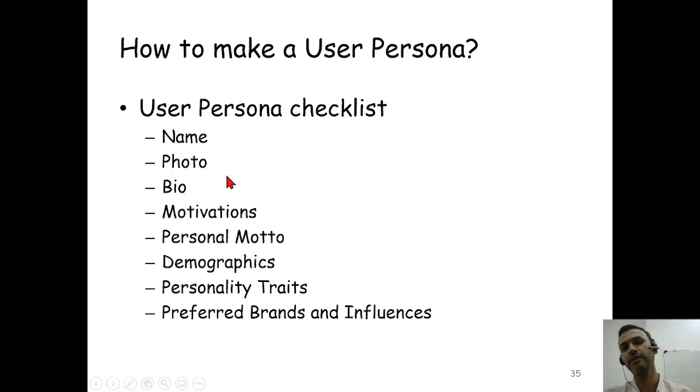So these are some of the elements that you should include while you are defining the user personas. Give a name and a photograph and a short bio about your persona, the motivations and the goals, the personal motto, right, and the demographics, personality traits, what are their preferred brands and influences, right?